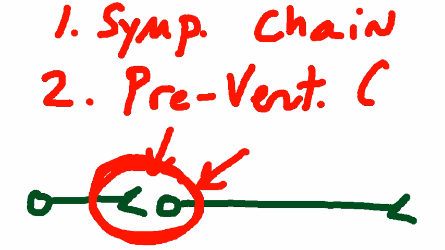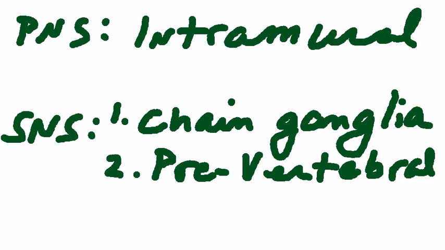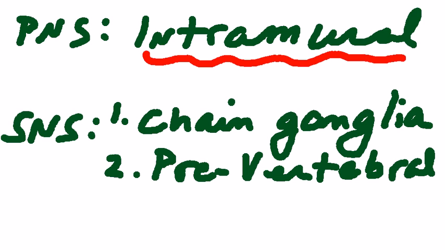So let's quickly review the location of the ganglia in the autonomic nervous system. The parasympathetic ganglia are usually located very close to the target organ, often actually within the wall of the organ, which is why we sometimes call them intramural ganglia.